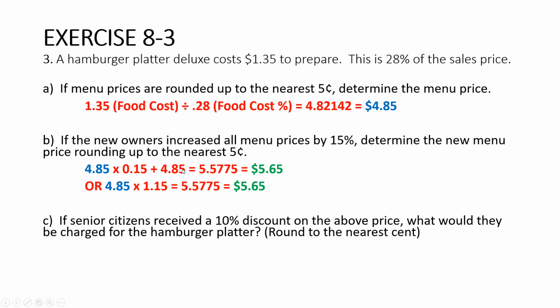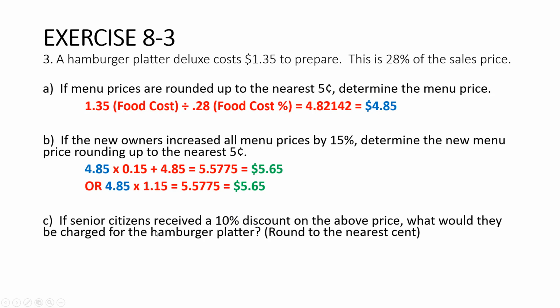Then we simply add it back to 4.85, and when you round it, you get $5.65. Of course, there's another way, my favorite because it's a little quicker. You multiply the cost by 1 plus 15%. If you multiply any number by 1.15, your answer will automatically be that number plus 15% added to it.